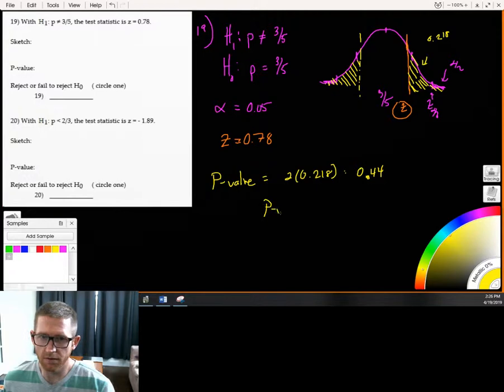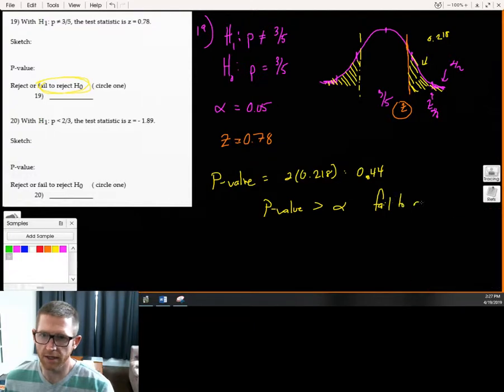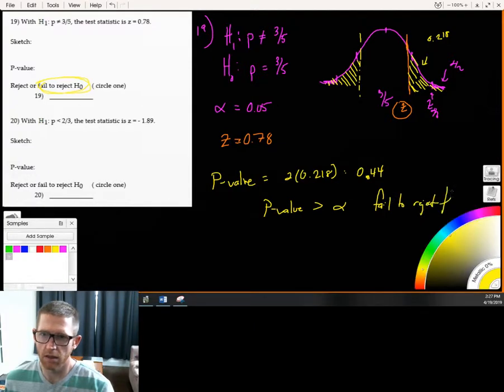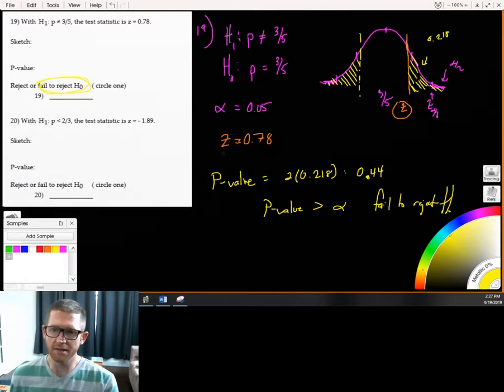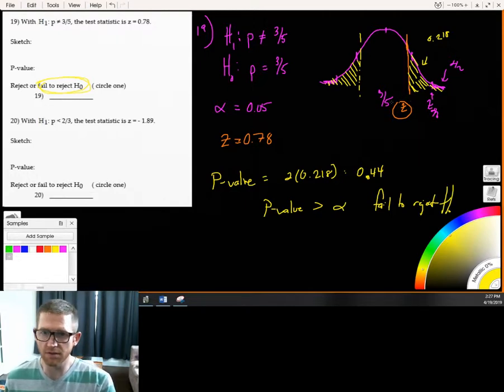Our p-value in this case is definitely greater than alpha. If the p-value is greater than alpha, you fail to reject the null. I mean, essentially saying we're close enough to this value to not throw it away, even though we're not at that value.